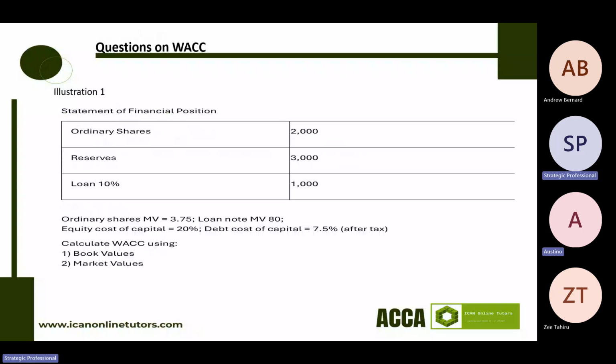If possible, you can keep it somewhere while I solve, because I'll be making use of the Excel platform to solve the question. This is a refresher question, just to refresh our knowledge. So have we noted it? Can I continue? Yeah, you can continue.